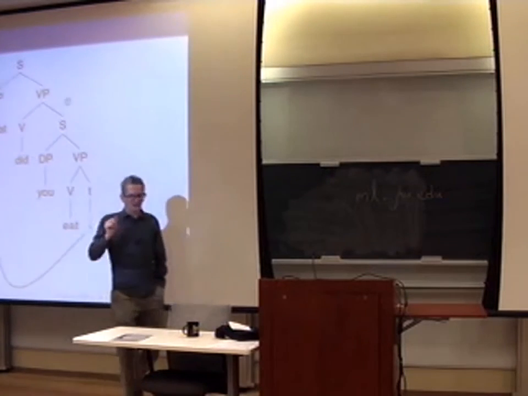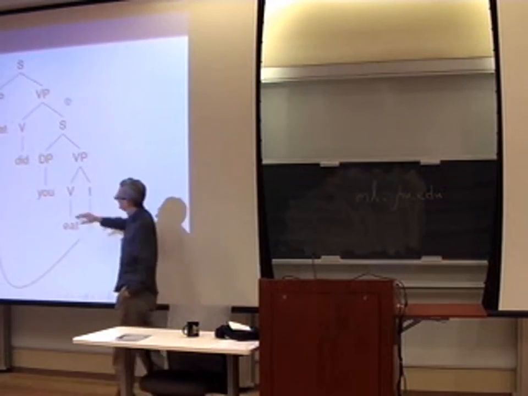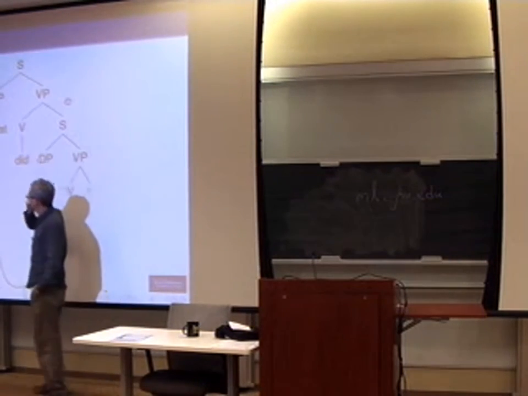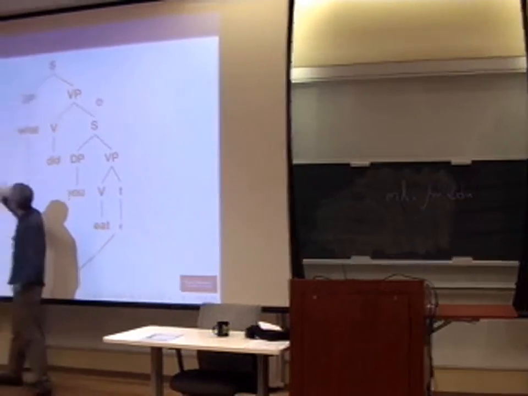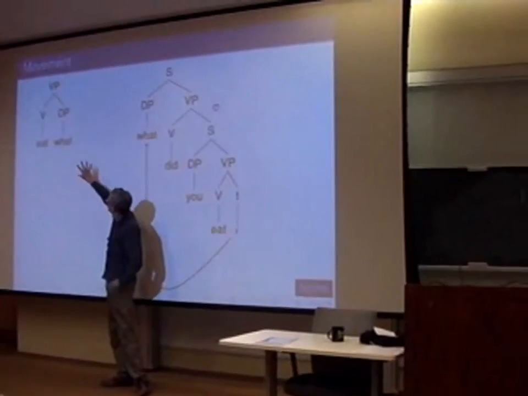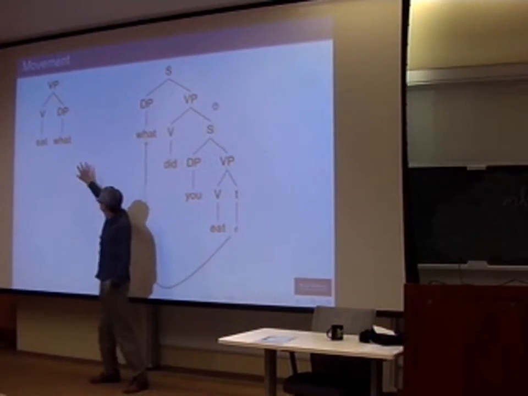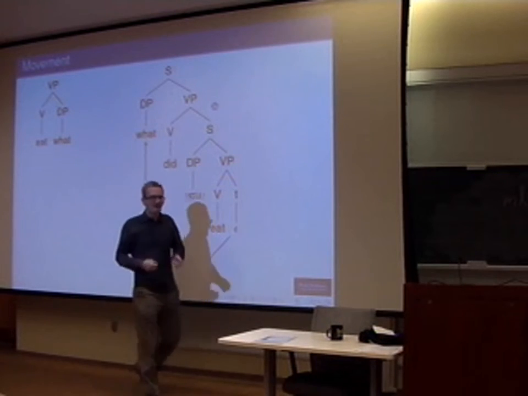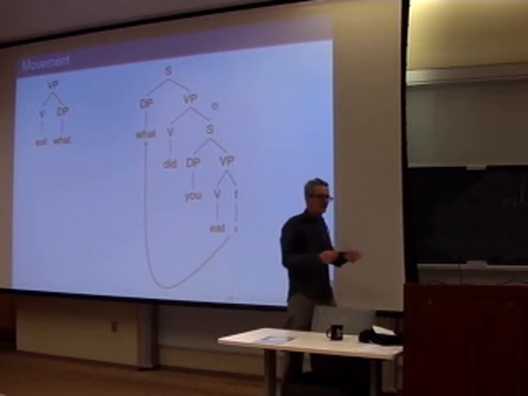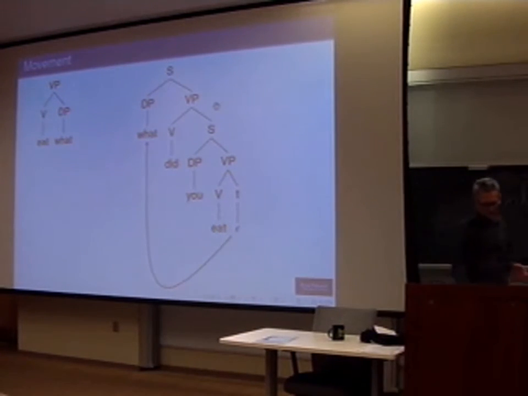Apologies if there are any real linguists here, because it's a bit of a Frankenstein's monster, mixing several different notations. What we're thinking really here is that we have some substring, a point in the construction where we have eat and what, and this is going to be mapped into a discontinuous string in the surface.